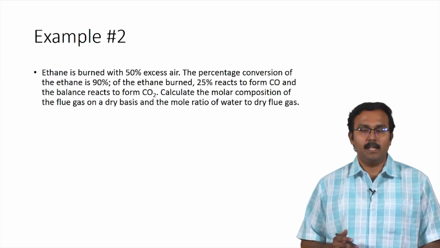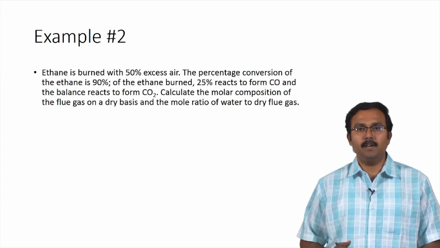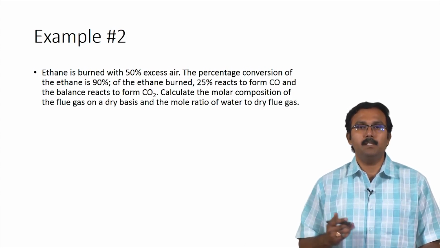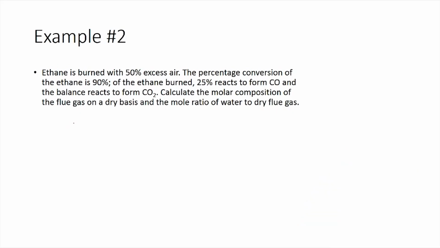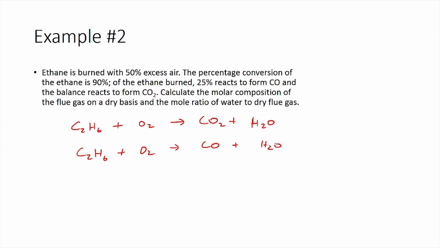So, ethane is the fuel gas. We now need to write two different equations, one for complete combustion and the other for partial combustion producing carbon monoxide. Let us write both these equations. Ethane, C2H6, reacting with oxygen to form carbon dioxide and water vapor would be the complete combustion reaction. Ethane plus oxygen forming carbon monoxide and water vapor would be the partial combustion reaction.